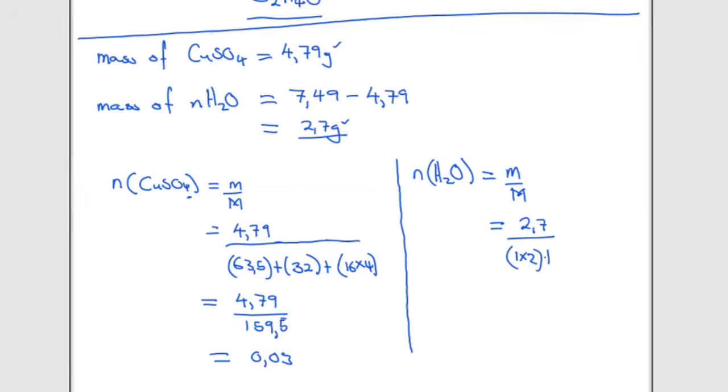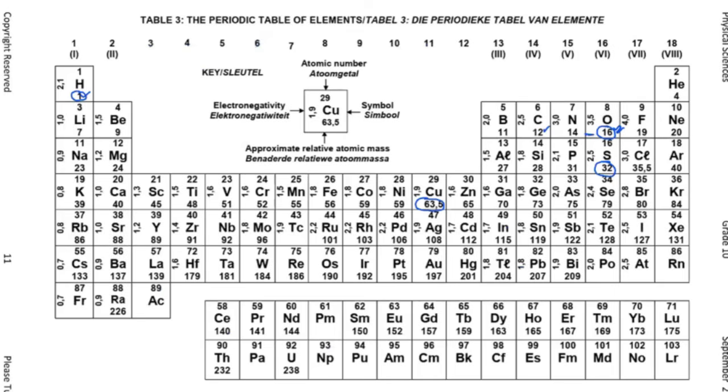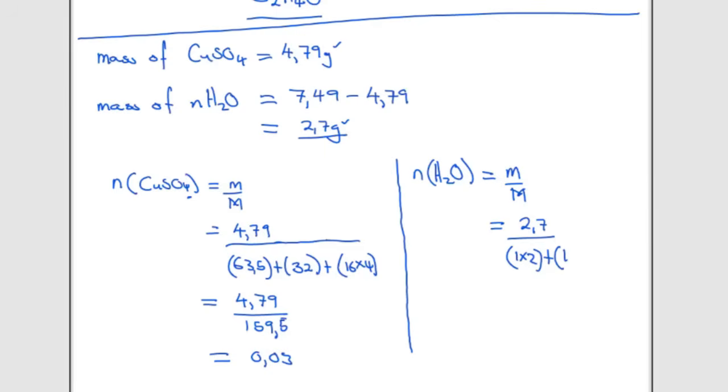Then plus our oxygen, which we already know is 16. So this is the same as 2.7 all over 18, and I'm going to get a value of 0.15.